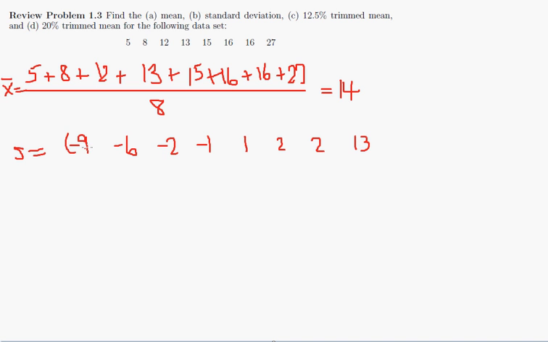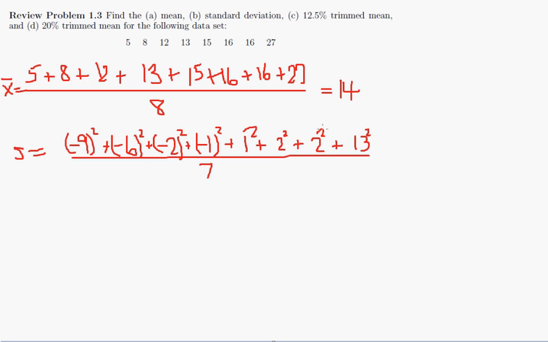Then I square all of these, add them up, divide by 7, and then take the square root of the quotient.